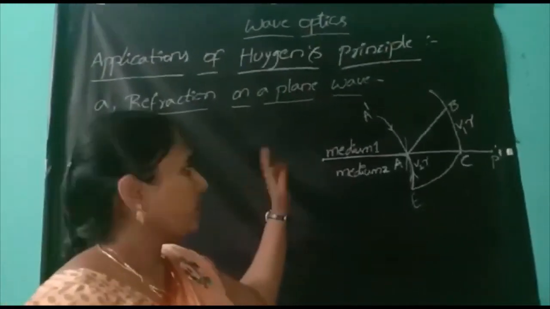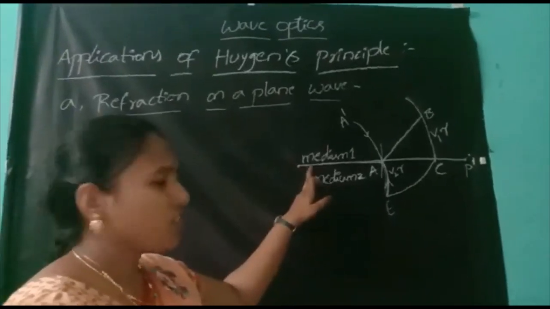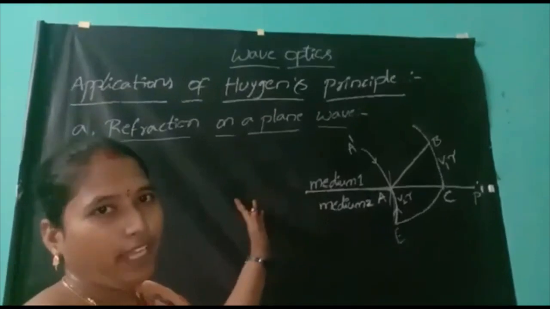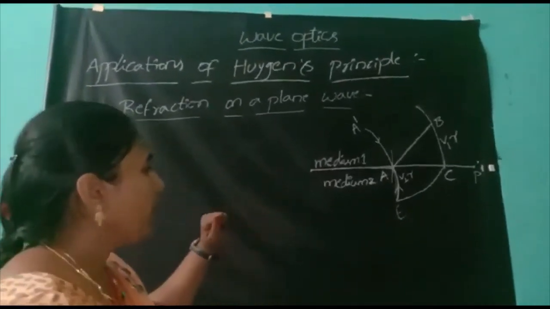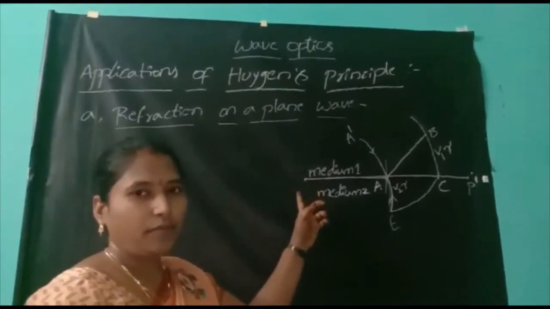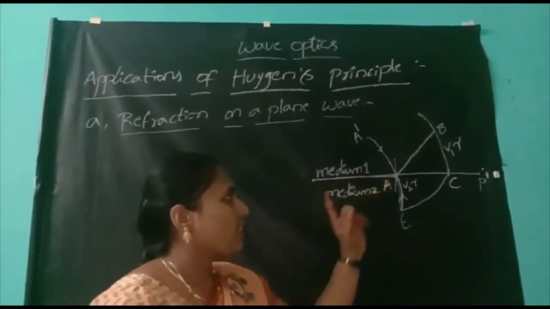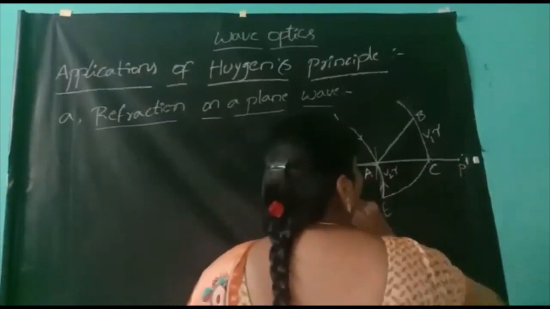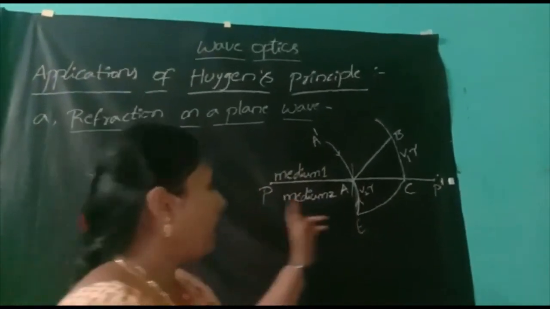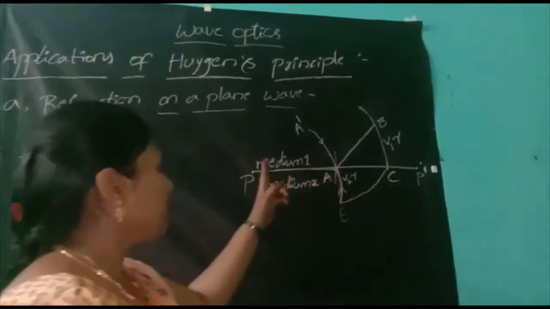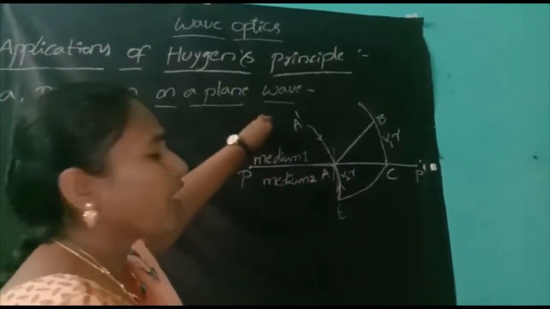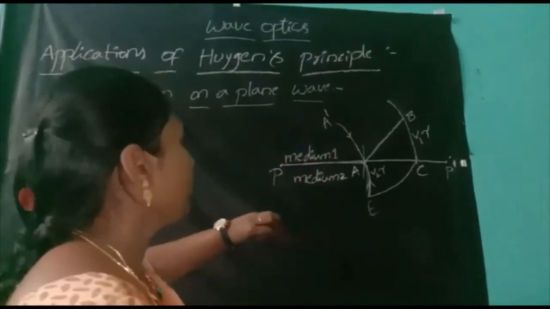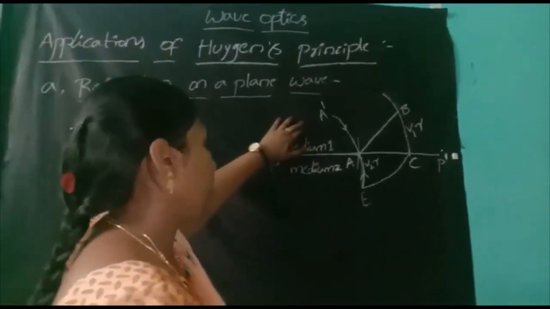We assume the light incident on the surface is a plane wave. Let us take a surface, indicated as P dash. Above the P dash surface is medium 1, nothing but air.